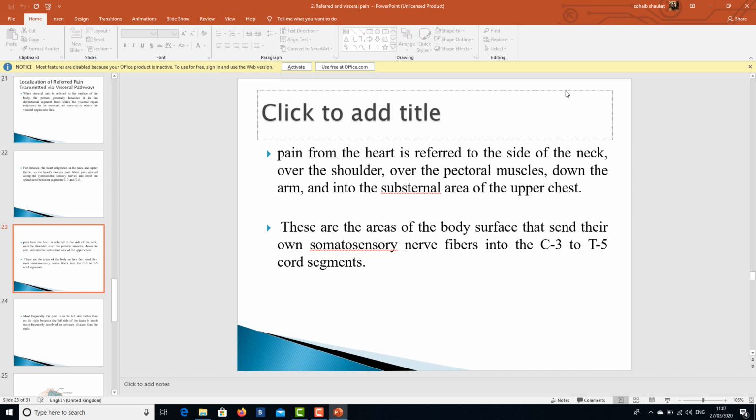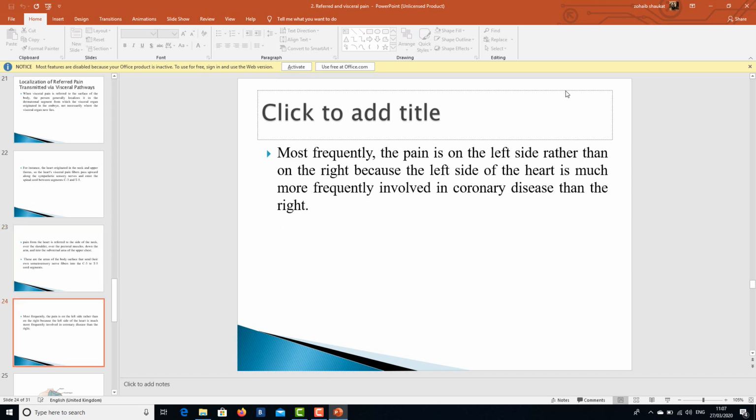These are the areas of body surface that send their own somatosensory nerve fibers into C3 to T5 cord segments. Most frequently, the pain is on the left side rather than the right because the left side of the heart is much more frequently involved in coronary disease than the right.